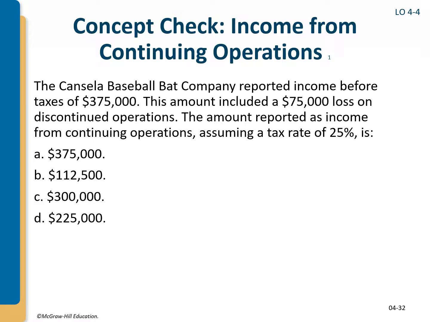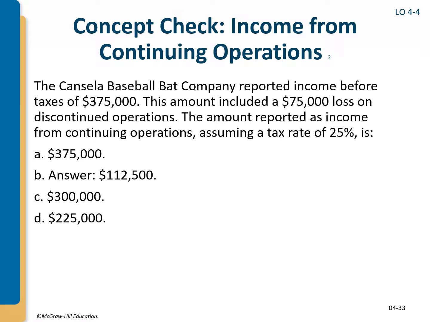The Kinsella Baseball Bat Company reported income before taxes of $375,000. This amount included a $75,000 loss on discontinued operations. How much should be reported as income from continuing operations, assuming a tax rate of 25%?